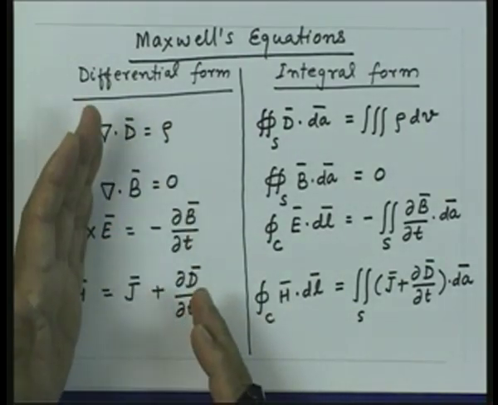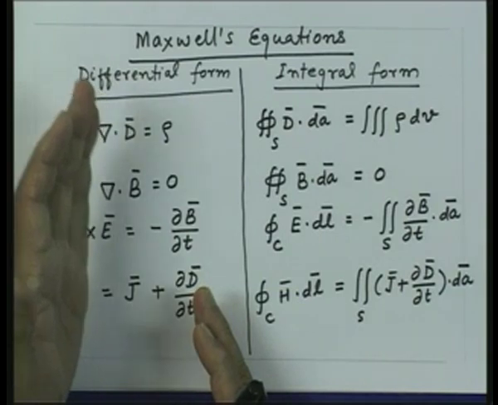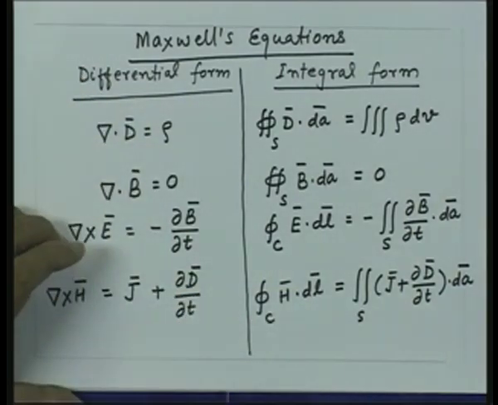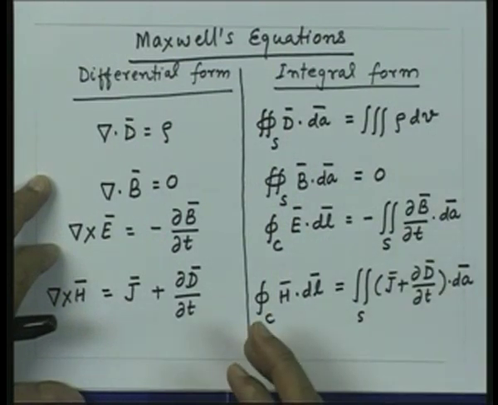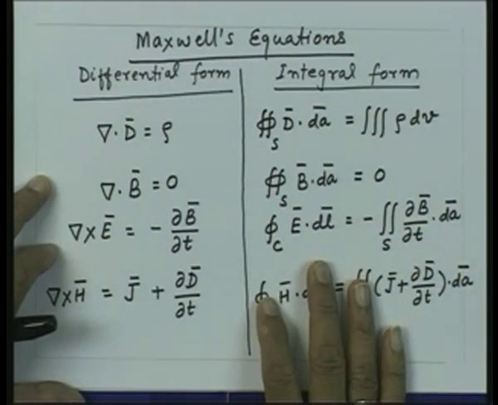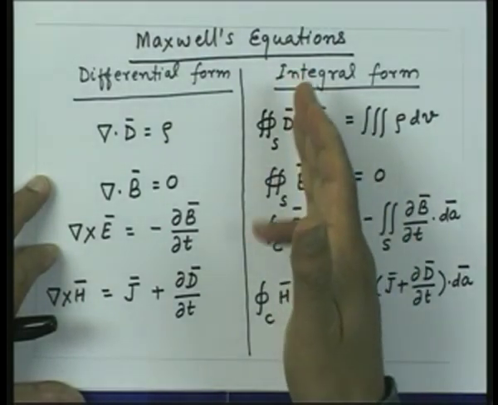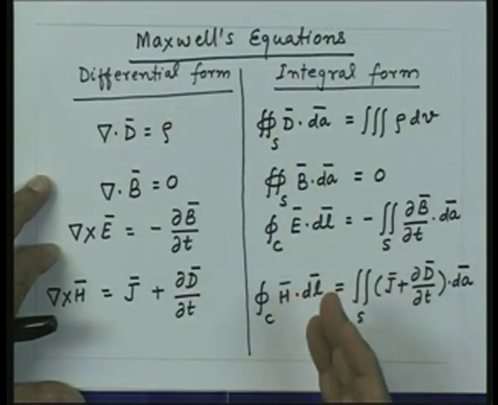So, the differential form of Maxwell's equations is not useful in those situations. However, as we had mentioned, the integral form is always useful and can be applied in any situation. When we apply the integral form to the discrete media interfaces, we get a relationship between the quantities D, B, E, H in the two media just across the interface, and that relationship we call the boundary conditions.